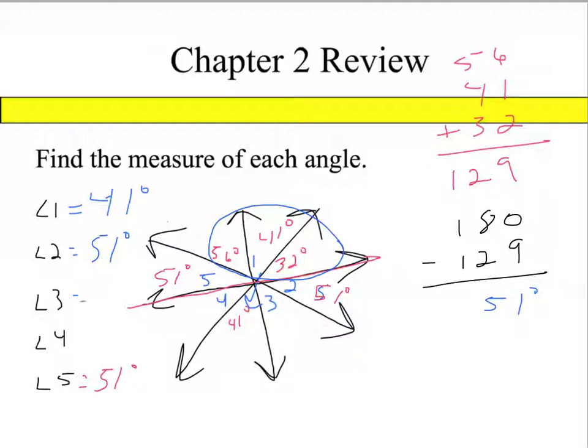Still need to find angle 3 and angle 4. Based on our vertical angles, angle 3 is going to be opposite that 56 degree angle, so angle 3 is 56. Vertical angles theorem again. And angle 4 is opposite that 32 degree angle, and that's going to be 32 degrees.